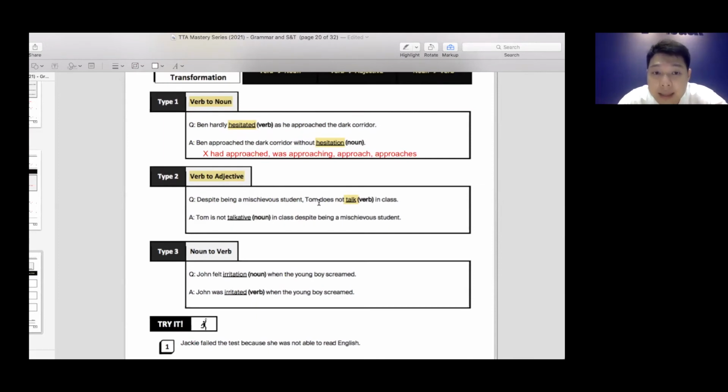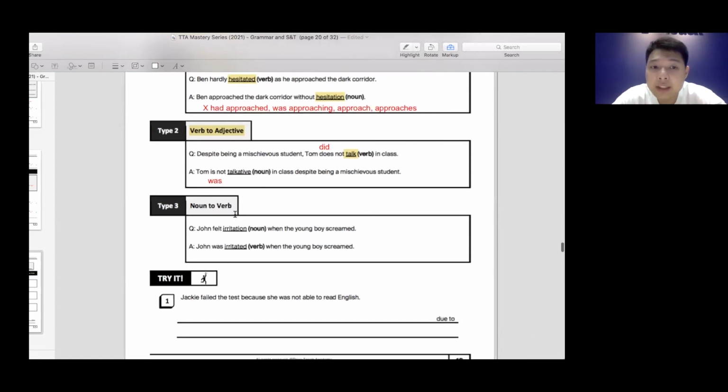So you see, same thing. This is in present tense, right? Does not is present tense, correct? And that's why it is also present tense here. If I said that Tom did not talk in class, if you use past tense, then this has to be was. Understand? All right, so I need to keep to the same tense.